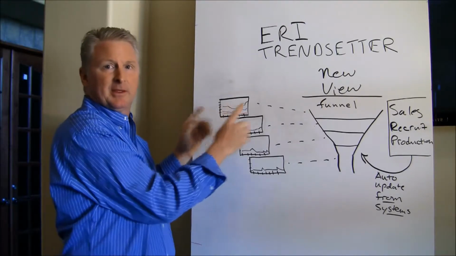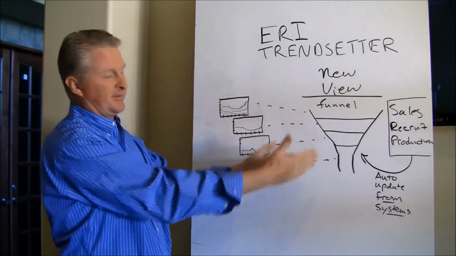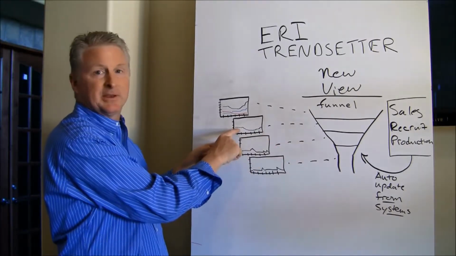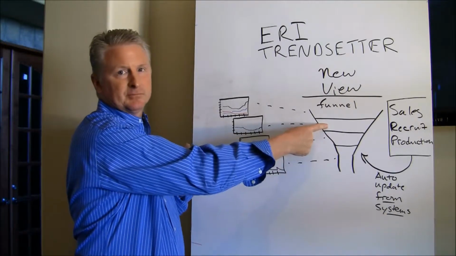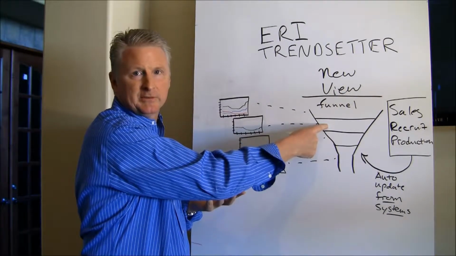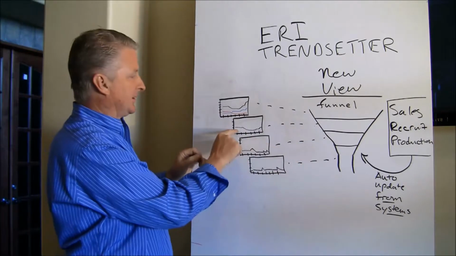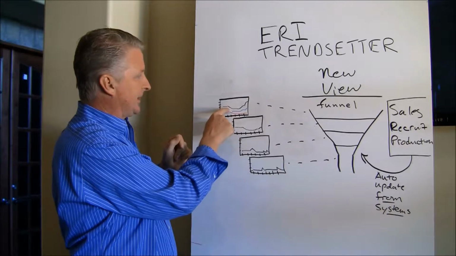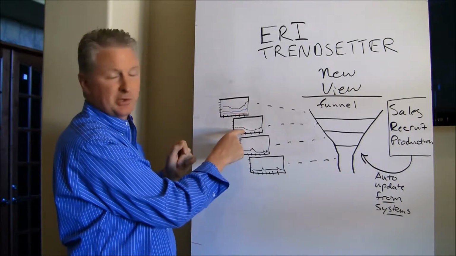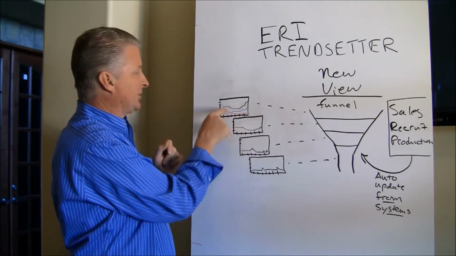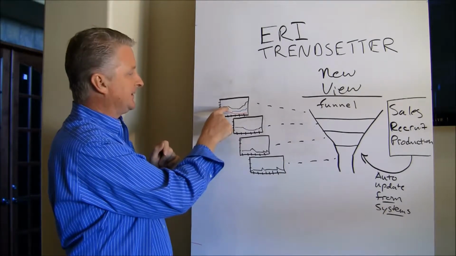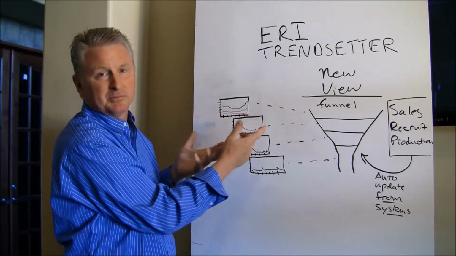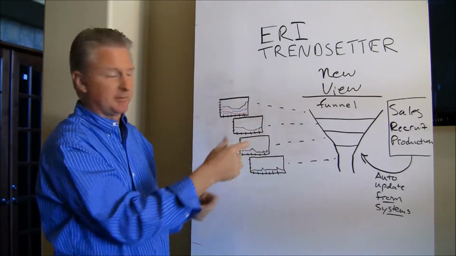Okay, so now, given our Trendsetter structure with a funnel, we can see the next level down, say this is conversations with leads or qualified leads. The number of qualified leads would be less than the aggregate total number of leads. But when leads go down, your total qualified leads are going to go down. If leads start to go down, probably not that long after, maybe hours, weeks, something of that nature, your qualified leads go down.